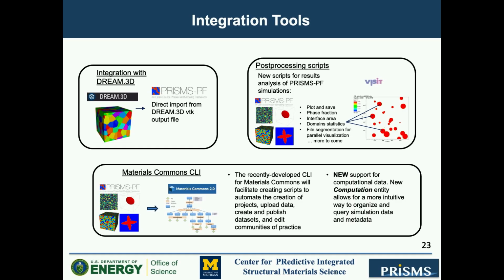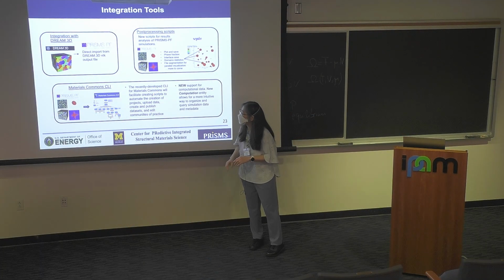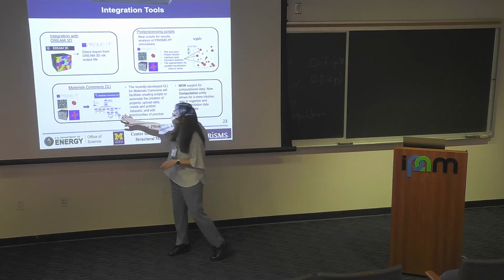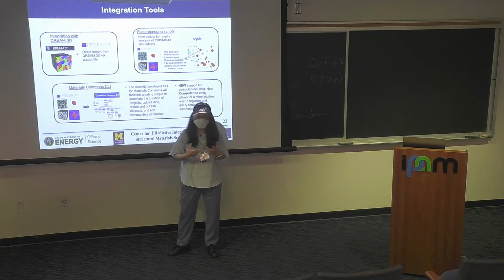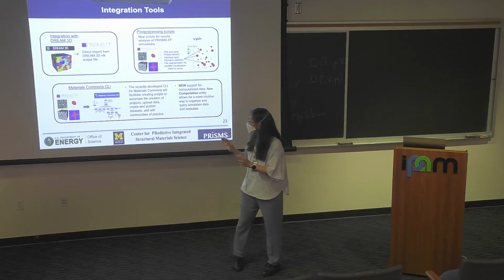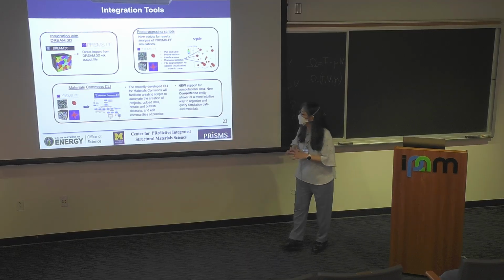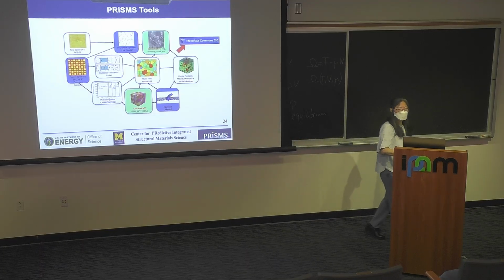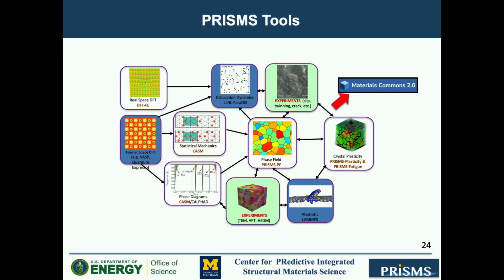We have post-processing scripts, and Materials Commons is our repository, and there's a way to connect to it directly. You can also connect with other tools. Right now, a crystal plasticity code exists, and there's active development to tightly integrate the phase field and crystal plasticity.